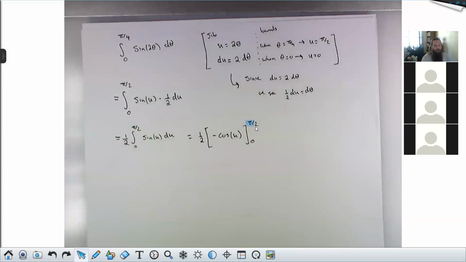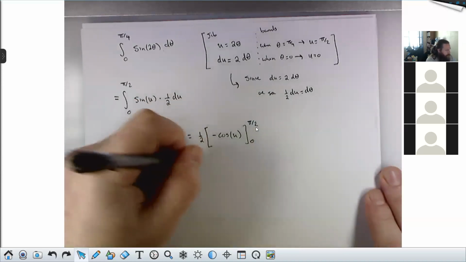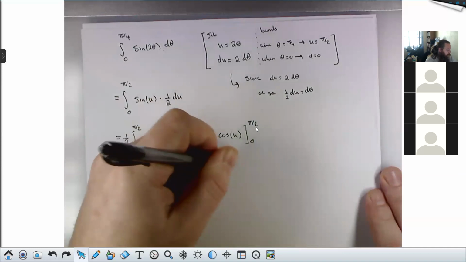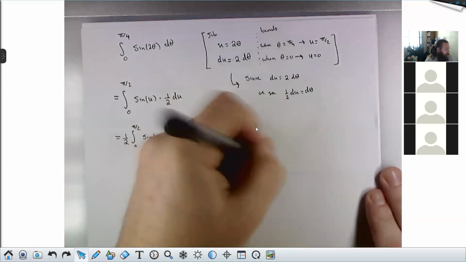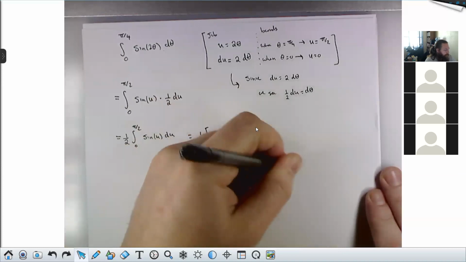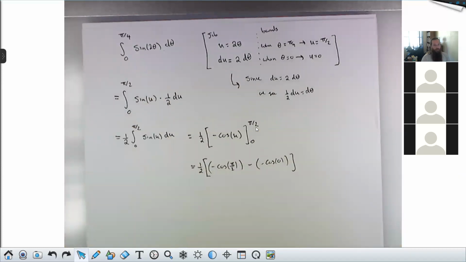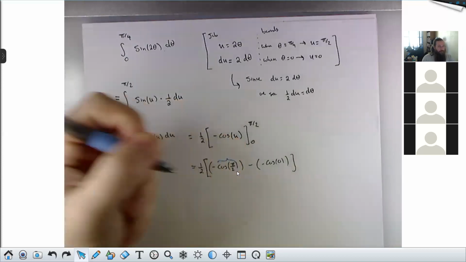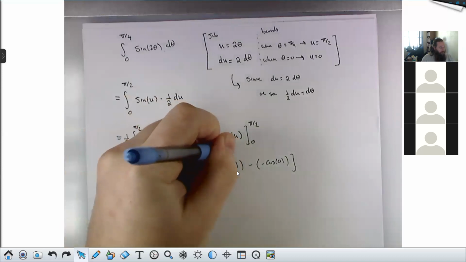If I plug in pi over 2, let's just do it. This is going to be 1/2 negative cos pi over 2 minus negative cos of 0. Cosine of pi over 2 is what? What is this? For our unit circle, zero.